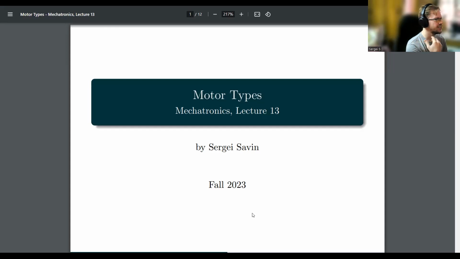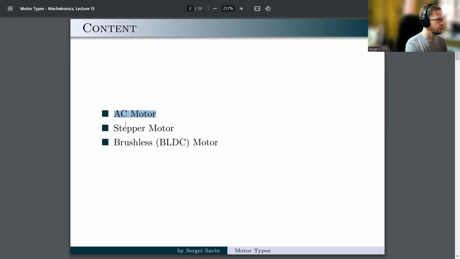We're going to discuss the very traditional, widespread, and well-recognized motor designs, right? We'll go through three types. In particular, we're going to go through the AC motor, the stepper, and the brushless motor.